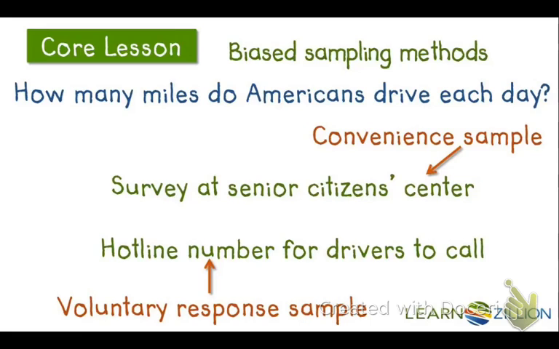Maybe they ride their bike or walk, and so they might call in. This isn't necessarily representative of the population, though. It's more indicative of a group of people who have some reason to call in based on their response. Neither of these samples will lead you to a representative sample because they both come from biased sampling methods.